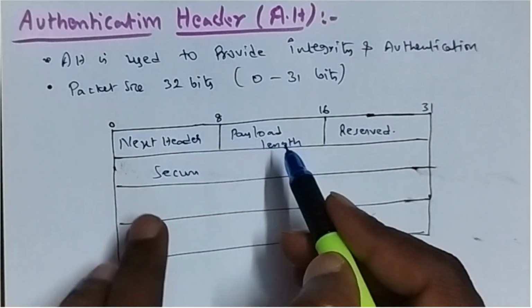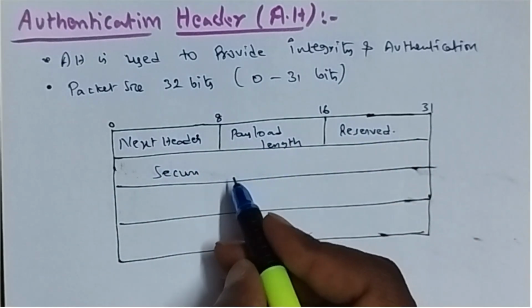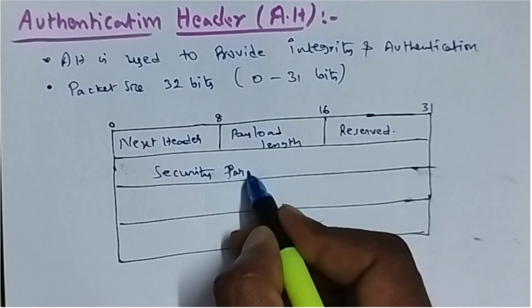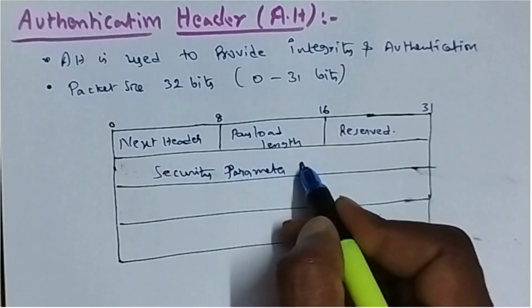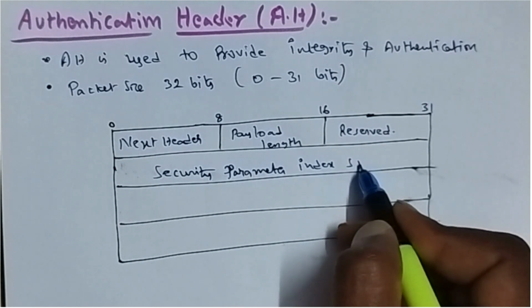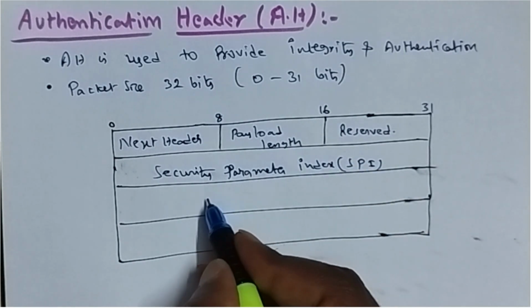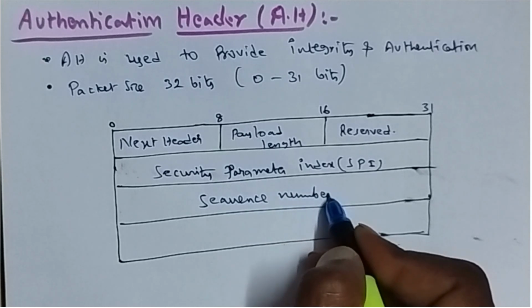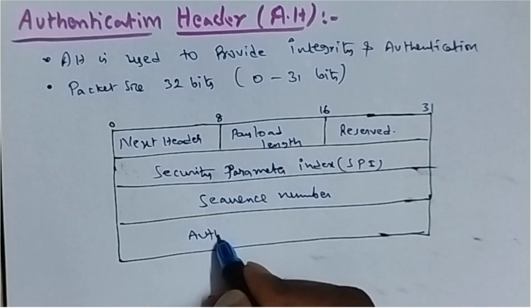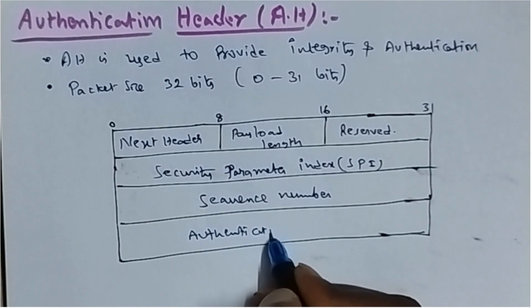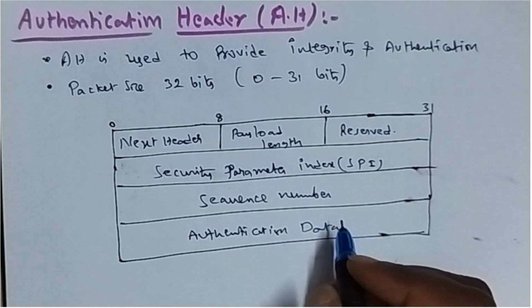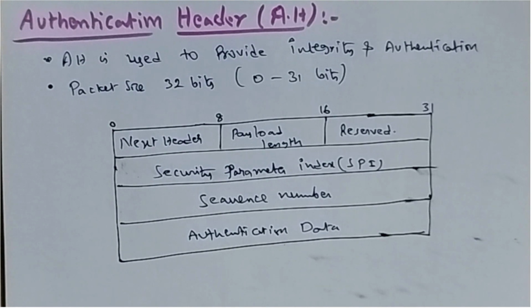The first part is next header, payload length, reserved, and the second one is security parameter index, SPI, and the third one is sequence number, and the last one is authentication data. Okay, here, what is the first one?